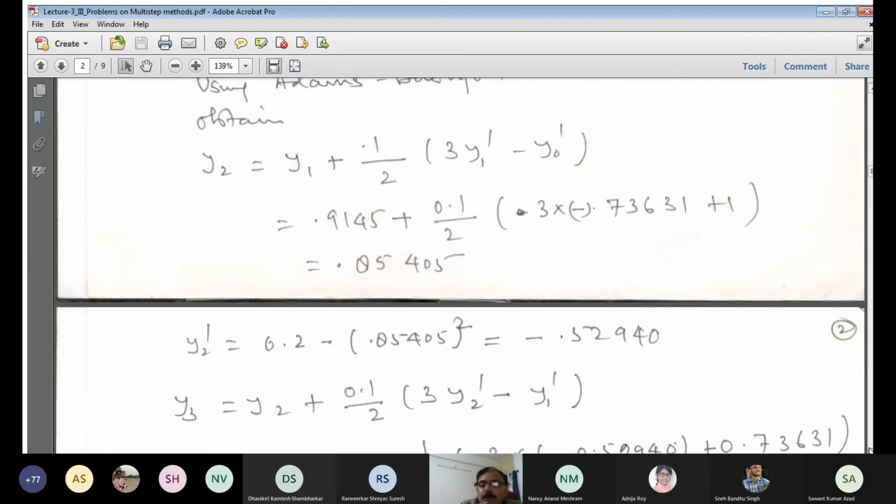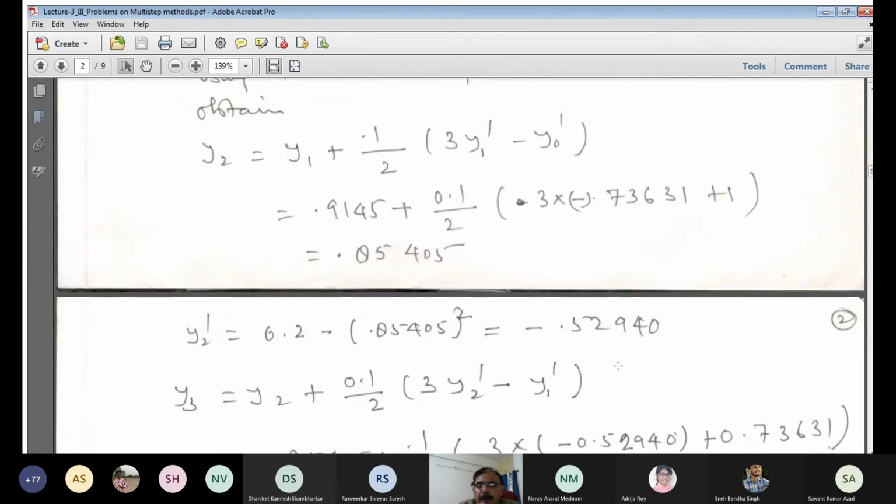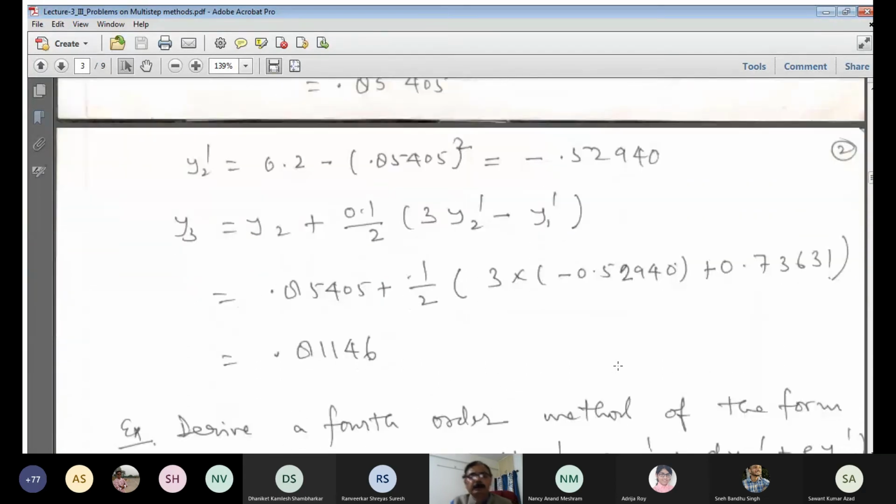Why do you require y2 prime? For the next stage, because y3 will be y2 plus h by 2 times 3y2 prime minus y1 prime. So y2 prime is required, and proceeding like that you will get the rest.